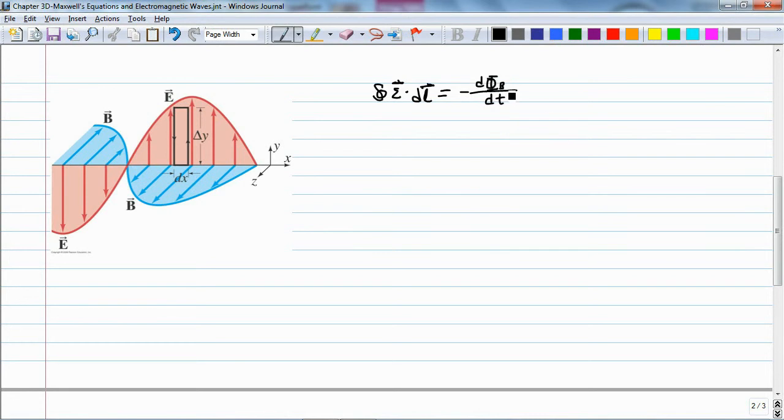First we'll start with the flux, and the flux is just equal to the change in the magnetic field times the area. Well, the area is just delta x times delta y.